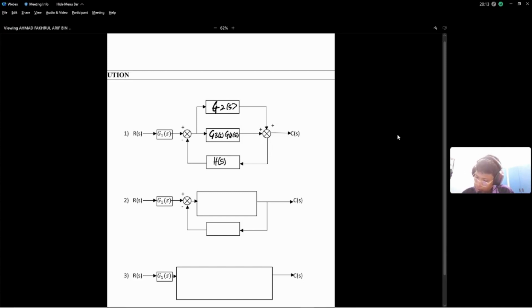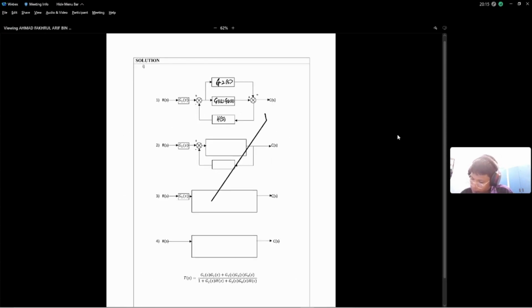Okay, so from this block we can make it into this block by looking at these two blocks.